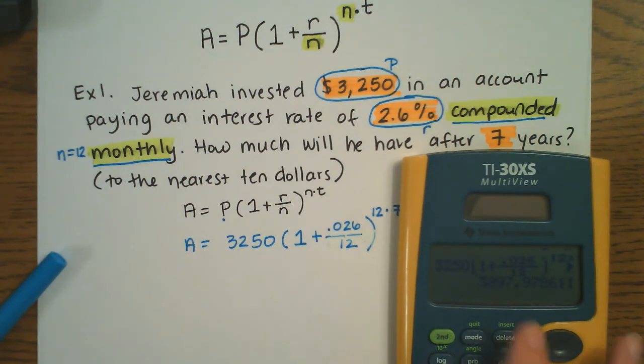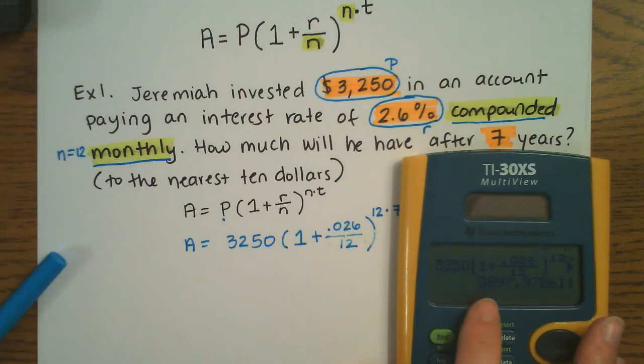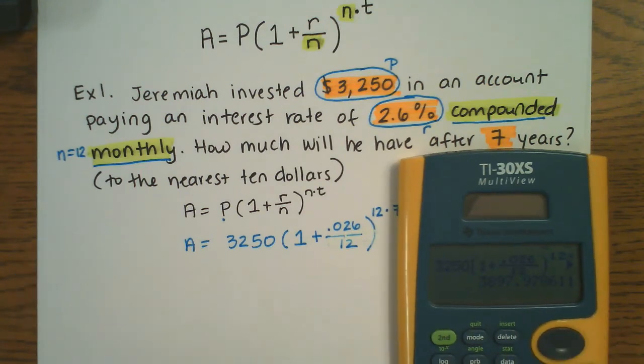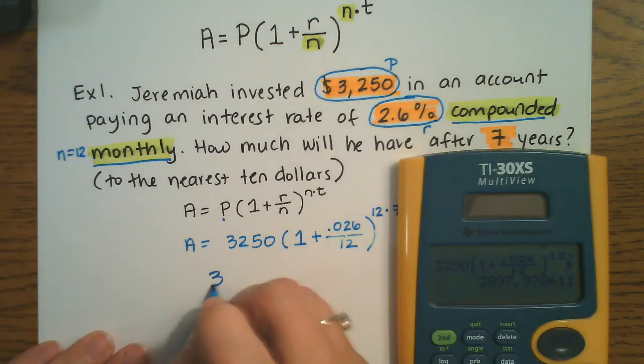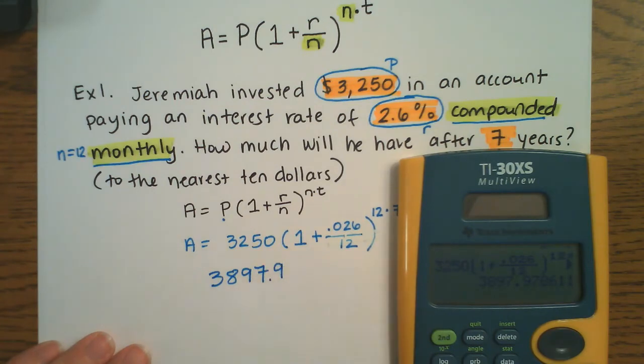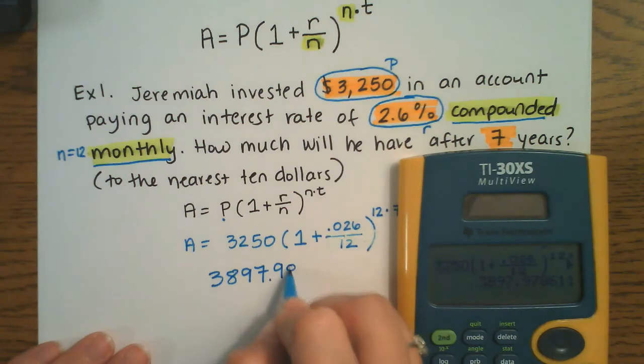All right, so he says $3,897.97. But I'm just going to write that down. 3,897.90. Actually, we'd round that 7 to an 8 if we were rounding correctly.